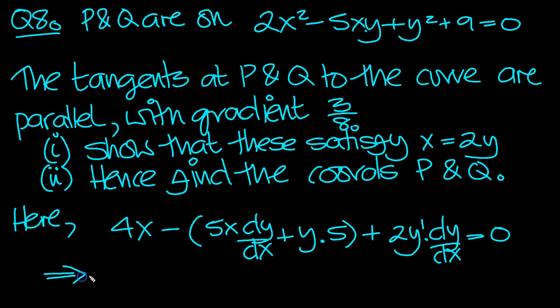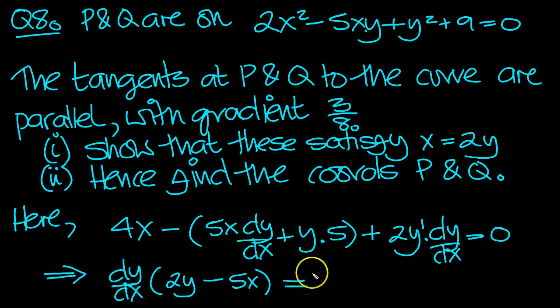So this tells us then, let's keep the dy/dx here on this side and write a bracket. We've got a 2y here, haven't we? 2y minus, and then when we expand this we'll have a minus 5x, is equal to, so that's that term and this term taken care of.